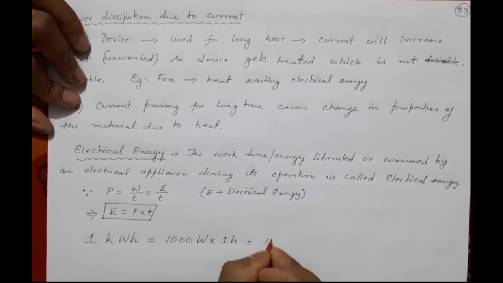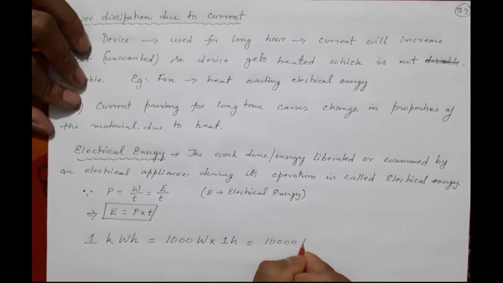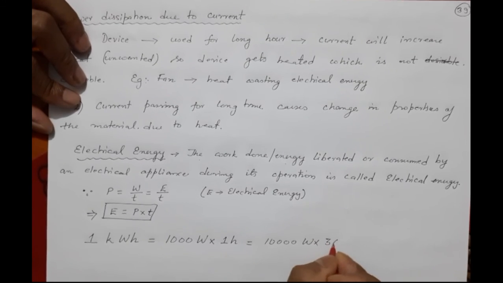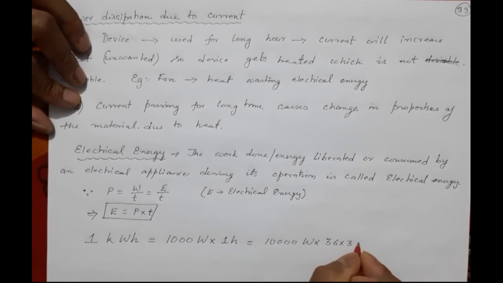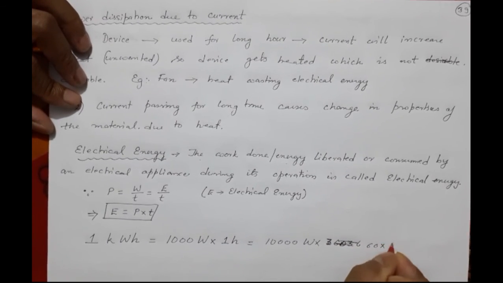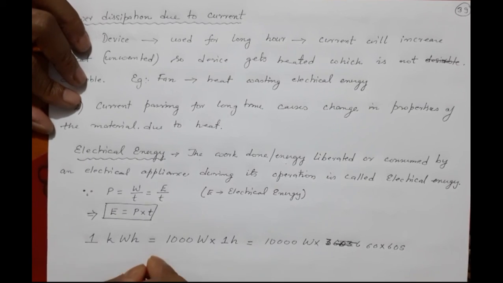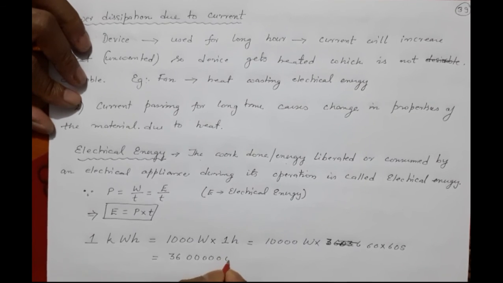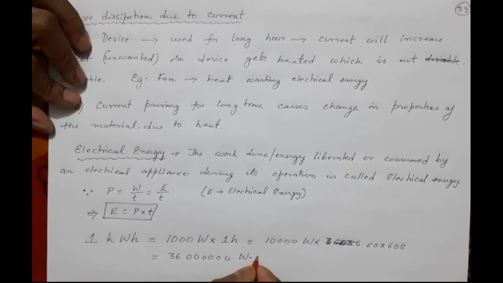Now I'll convert this 1000 watt into 1 hour. You remember it is 60 into 60 seconds, which is 3600. So altogether it will become 3,600,000 watt second.